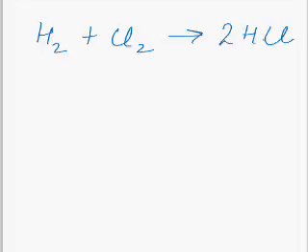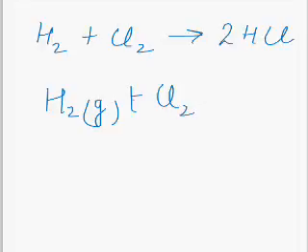reactants and in products. So now we will make this chemical equation more informative by writing the physical states of reactants and products. Here in this reaction, hydrogen, chlorine and hydrogen chloride all are gases. So we can write the above equation with state symbols like this: H2 in gaseous state plus Cl2, Cl2 is also in gaseous state.